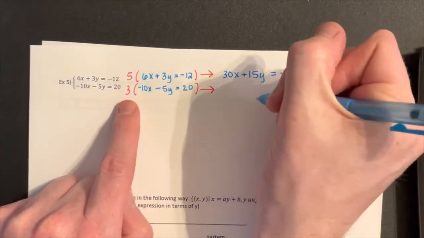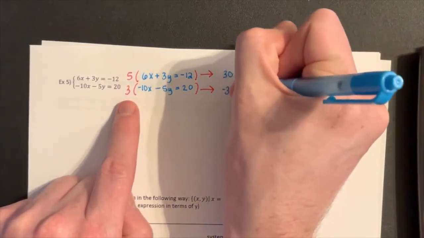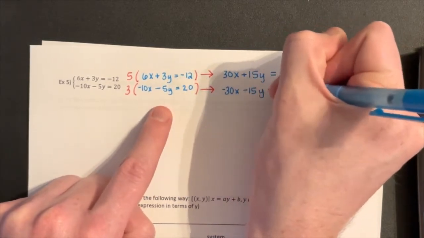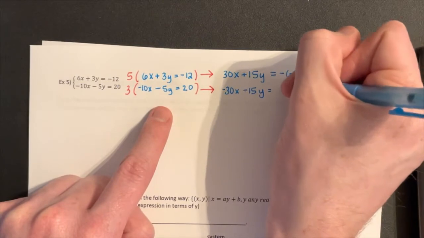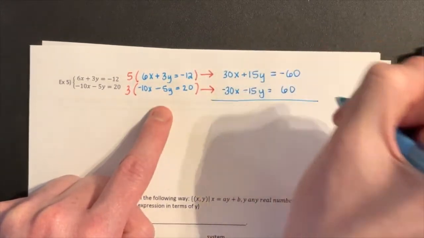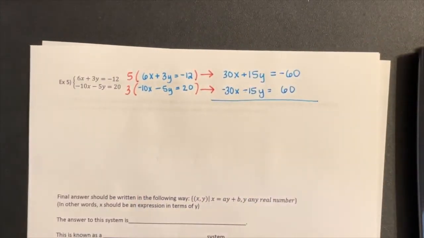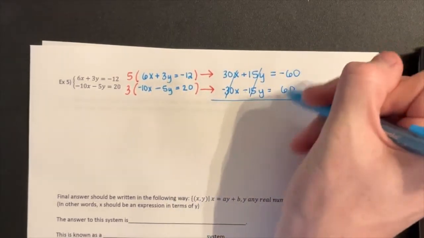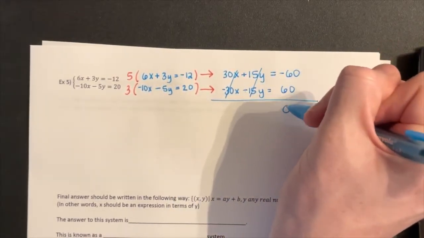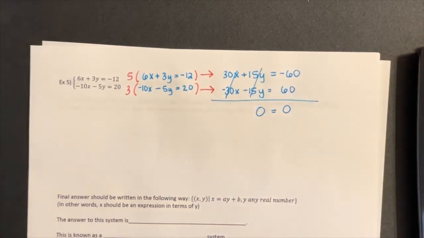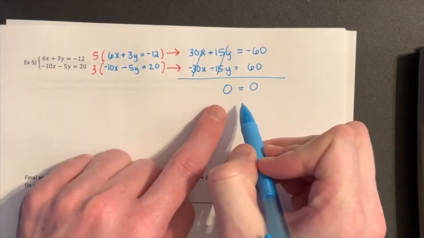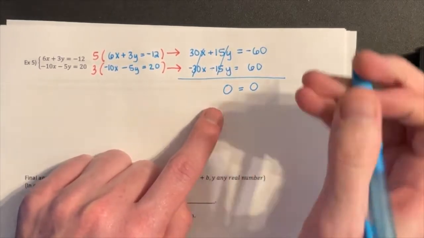So negative 30x, negative 15y, and then 3 times 20 is positive 60. If you add straight down, the x's cancel out, so do the y's, and then 60 and negative 60 is 0 as well. So we do get 0 equal to 0, and this is one of those special cases because it was an infinitely many solution one.